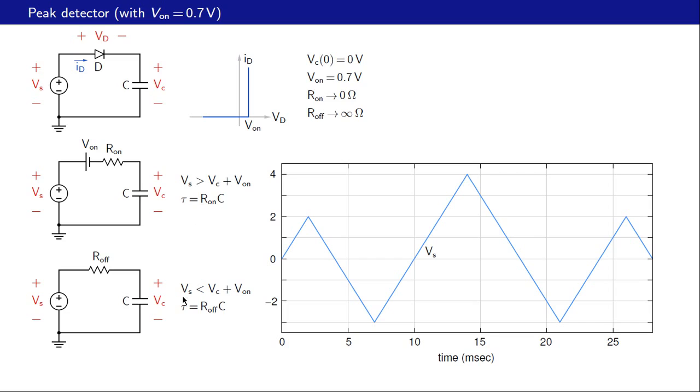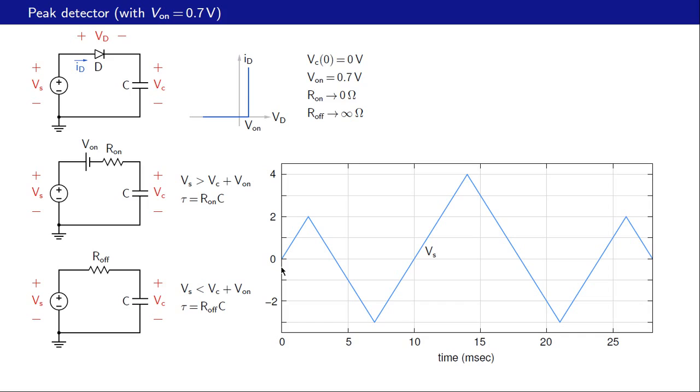And if Vs is less than Vc plus V on, then the diode does not conduct, and we have then this circuit representing the original circuit, and tau is R off times C, and since R off is very large, ideally infinite, tau is infinite.